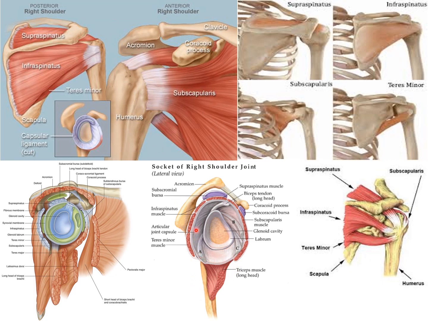In this picture, you can very clearly see the blending of the rotator cuff muscles with the fibrous capsule at its insertion, which keeps the articular bones in position and strengthens the capsule as well.